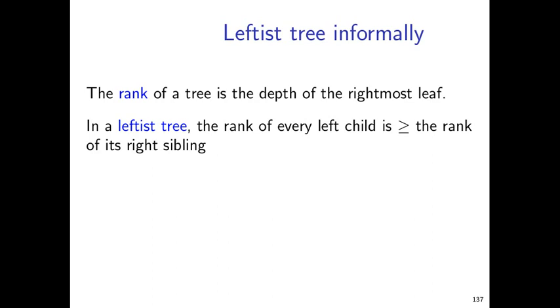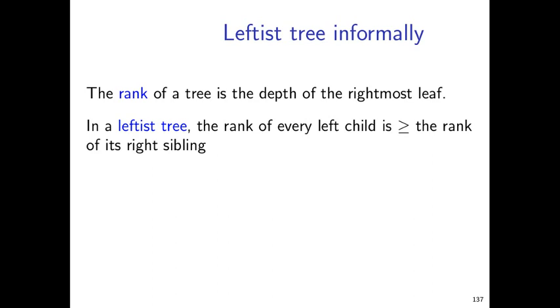It's not very balanced. I can even enlarge it arbitrarily large here. But it has this property that the rank of the right is always small, so I always have short paths. I can append many more nodes here, a leaf here and some more nodes here and so on. It's still a leftist tree.